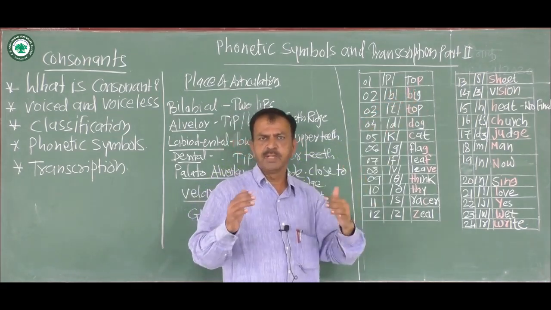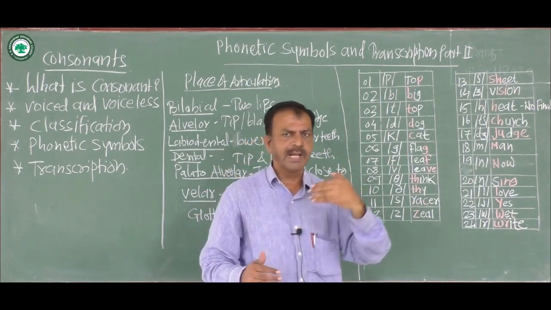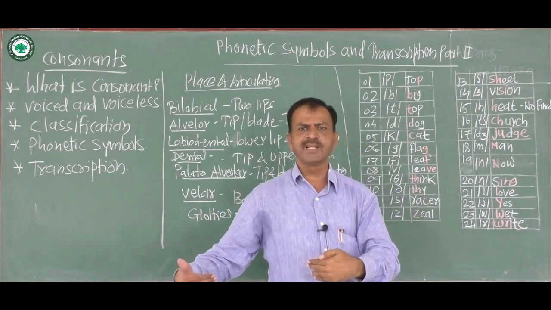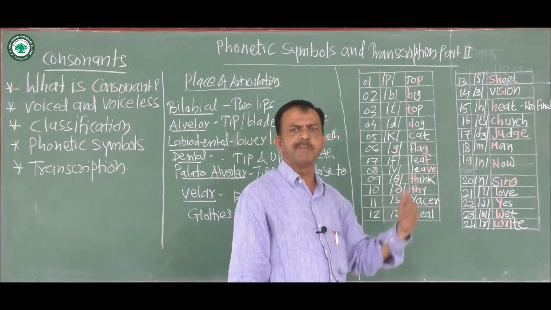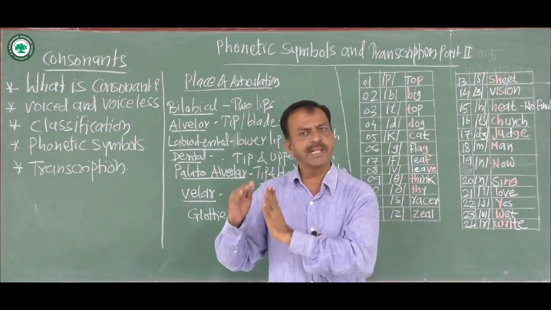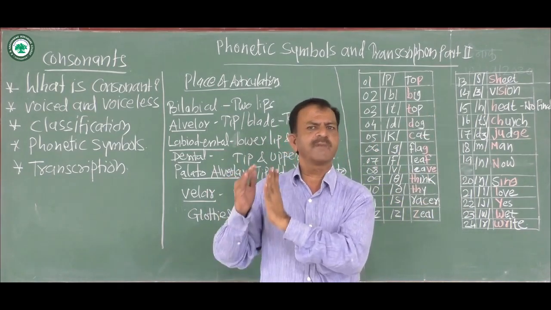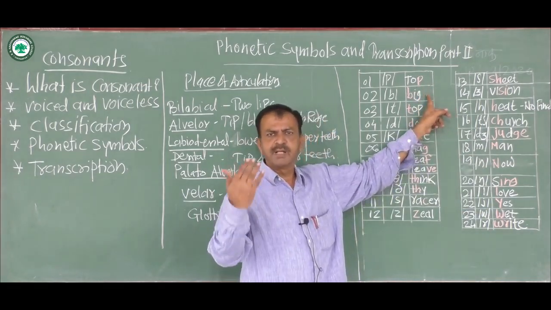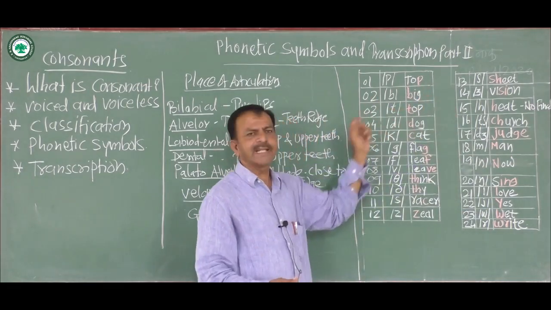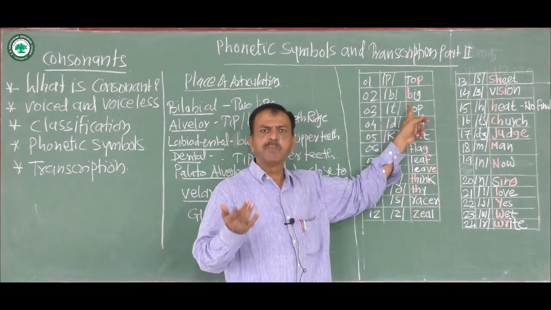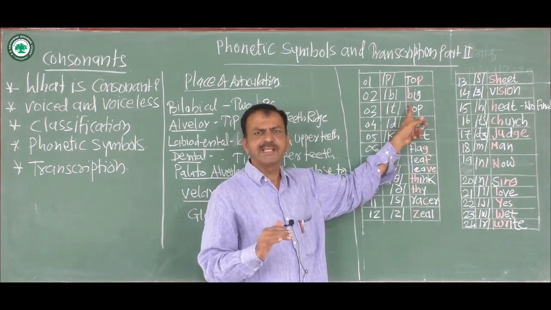A sound can occur at the initial, middle, or final position. In the first example, top, the P sound takes the final position. It is written with different color chalk. The second one is B in big, so B comes at the initial position.